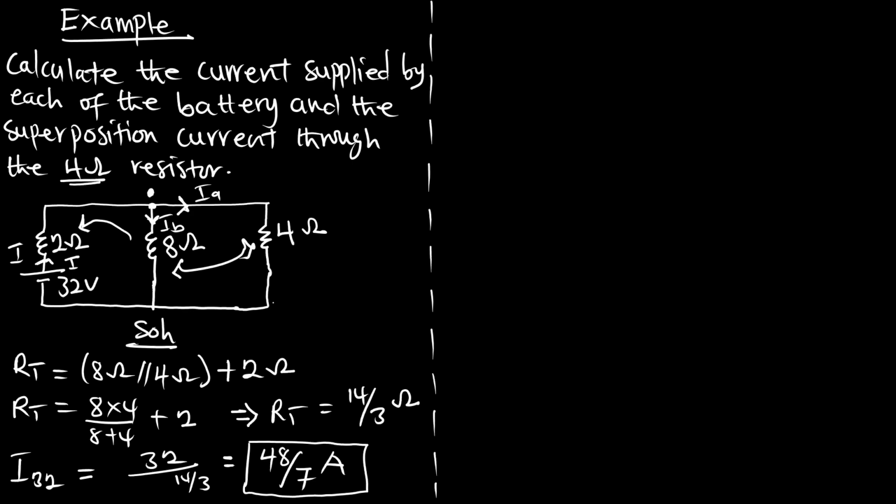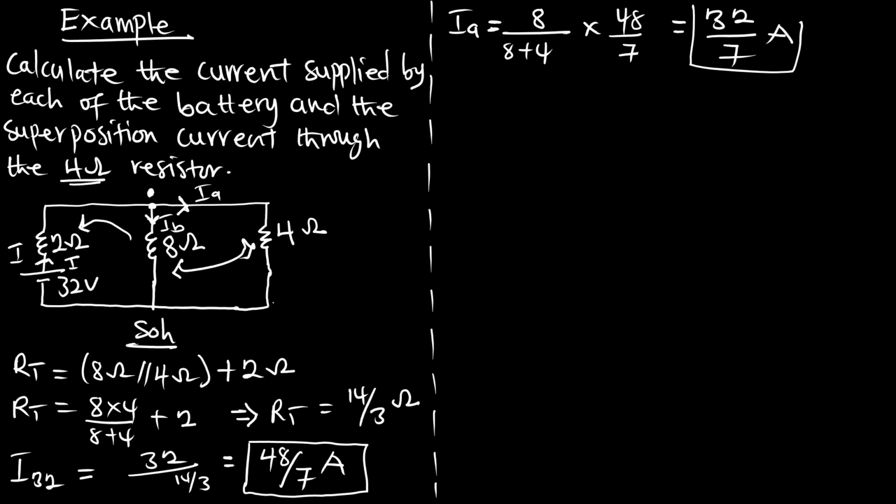So the current IA, which is the current through the 4 ohm, is going to be the 8 resistor over 8 plus 4, times the total current, which is 48 on 7 amperes. This is going to give us 32 on 7 amperes, passing through the 4 ohm if the 32 volt is acting alone. So we also have this intact.